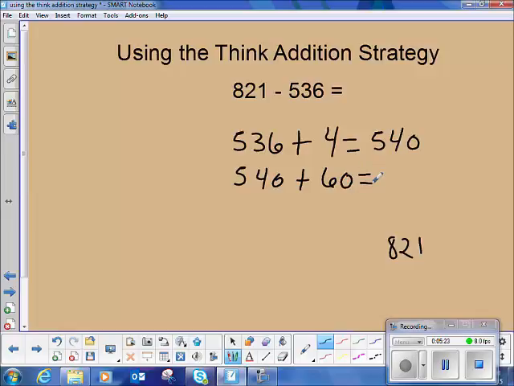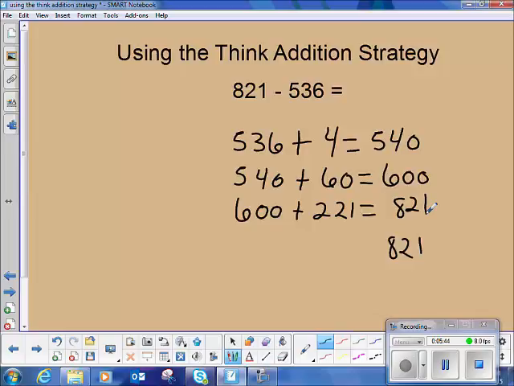Now I'm at 600. Now I'm trying to get to 821. So now I take my 600 and I can add 221. And there I go. I'm at my target of 821.